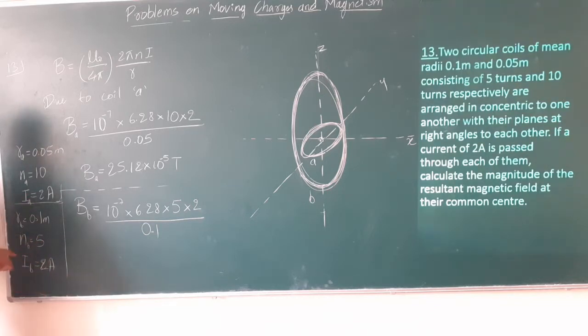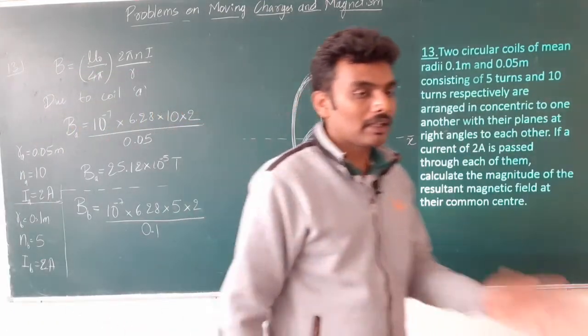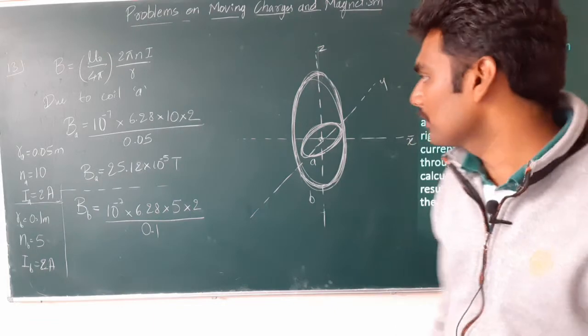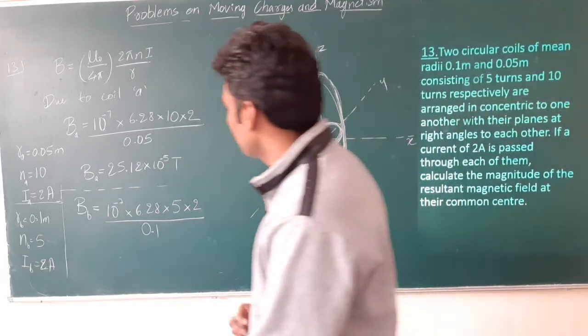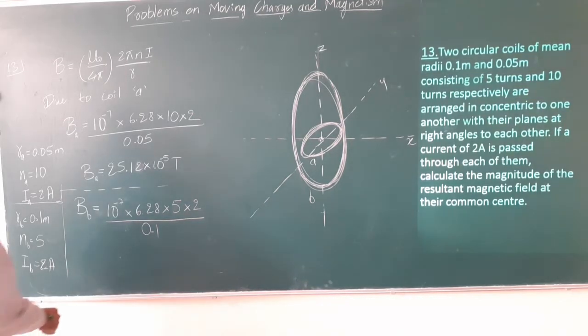See, writing the data will not give you any mark, but it's about the clarity of your question to substitute for the terms in the formula. And the magnetic field due to that bigger coil is 6.28 into 10 to the power of -5.